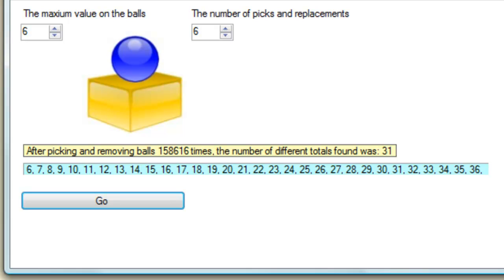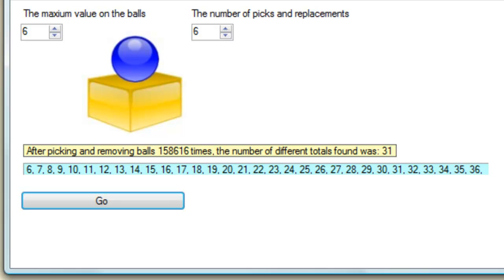The product of 6 by 6 is of course 36, and the lowest number we could get is 6 times 1, which is 6, so that's in that set, and the numbers 1 to 5 are not, because the minimum total you can get is 6.